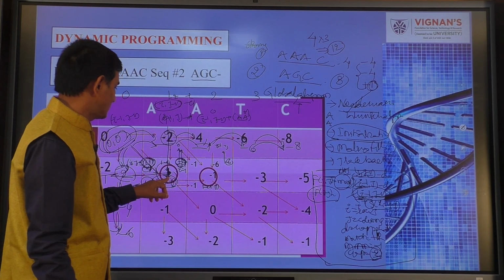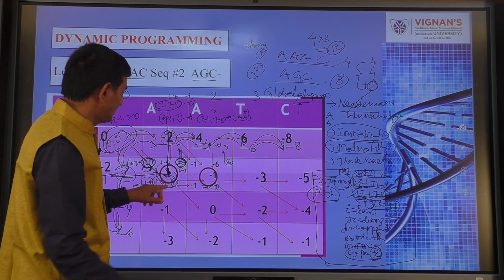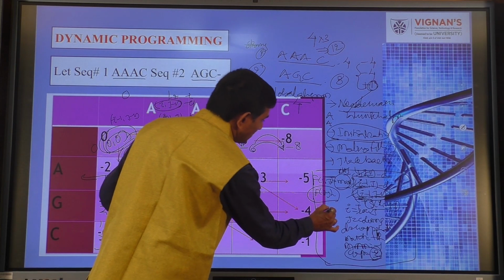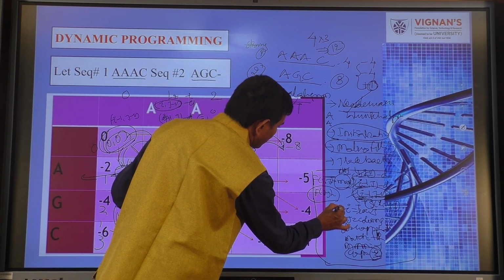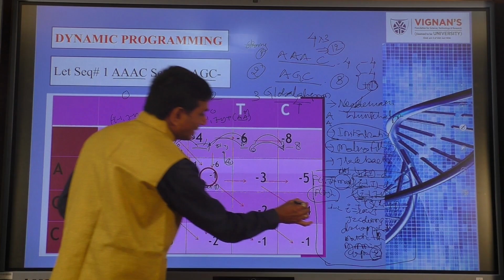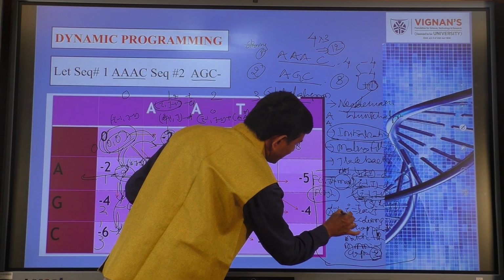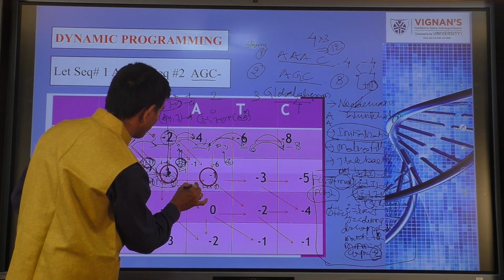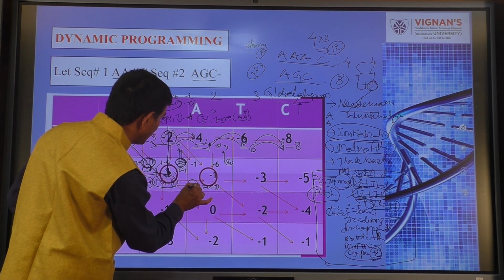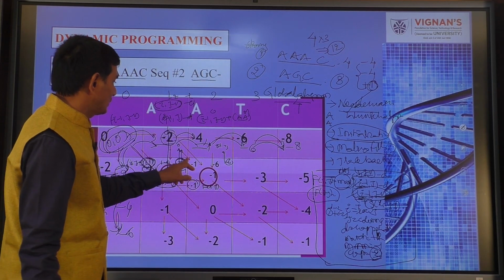The value in that box is 1 and the gap is minus 2, so 1 minus 2 gives us minus 1.